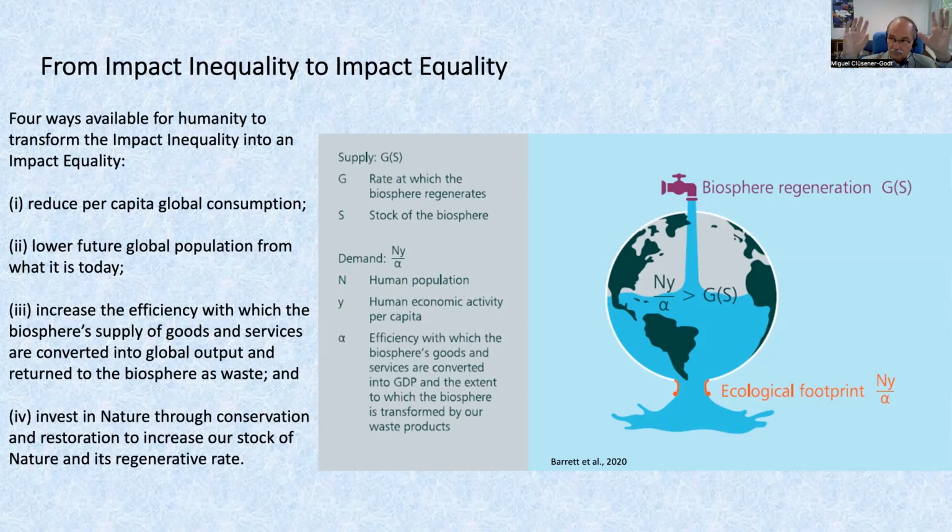We could throw it back again as polluted, used. But before doing that, we can clean it, for example. This means this efficiency of the change. My personal point is, of course, invest in nature through conservation and restoration of degraded areas and increase this stock of nature. That is on us.